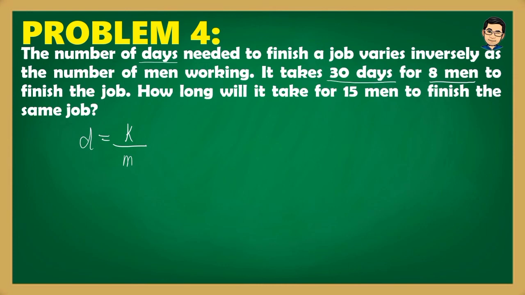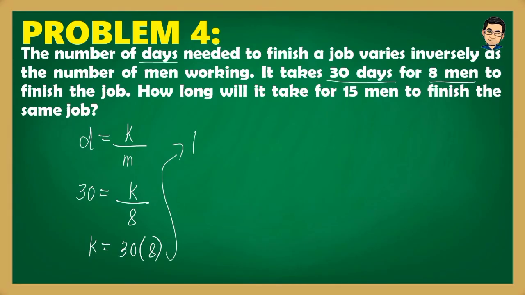So, D is 30 equals K over M, which is 8. So, cross multiplication, K is equal to 30 times 8. So, the value of K is 240. So, yung product ng 30 and 8.